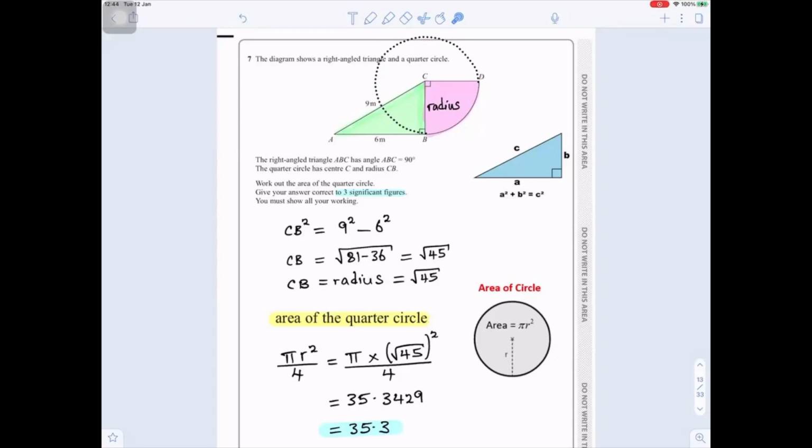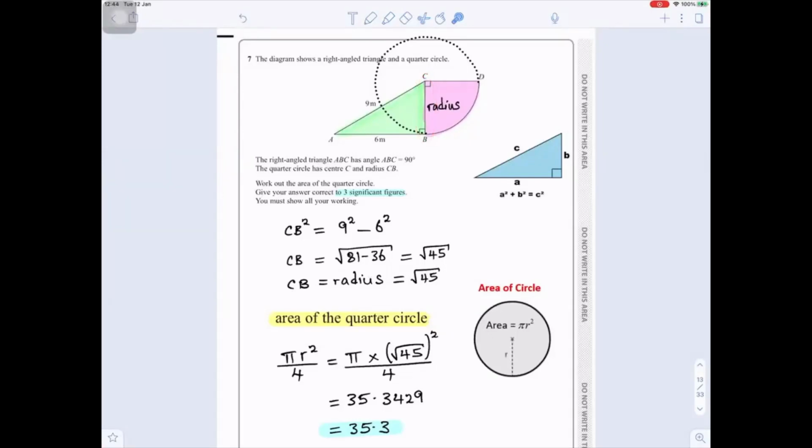And the next thing that you need to know is Pythagoras theorem for a triangle. C squared equals A squared plus B squared. And I've written it there on the right hand side. So using that Pythagoras theorem, we want to work out the radius.